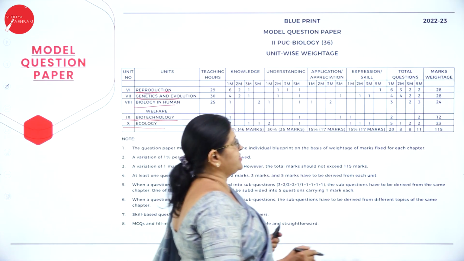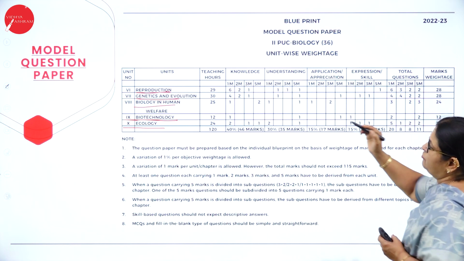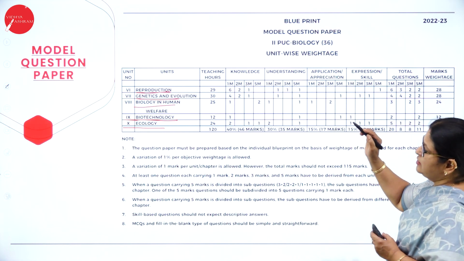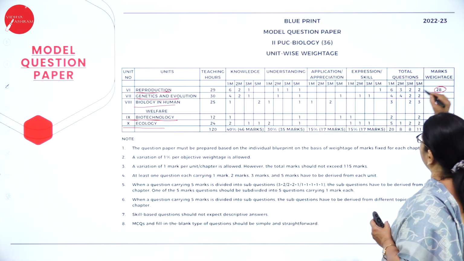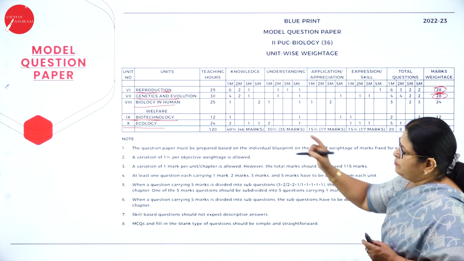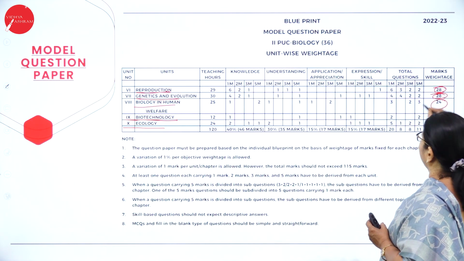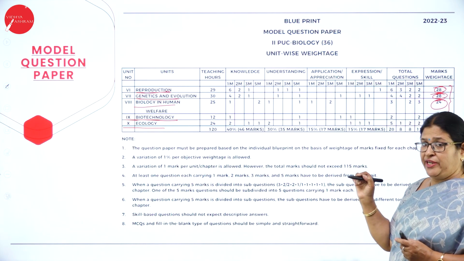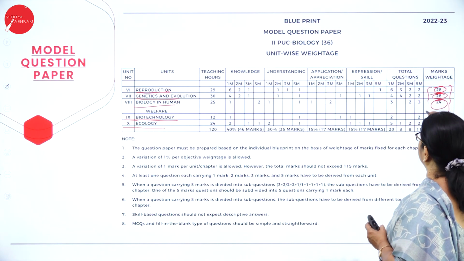So the weightage of marks for Unit 6 is 28 marks, then Genetics and Evolution is 28 marks, Biology and Human Welfare is 24 marks. So these three units themselves carry maximum marks.